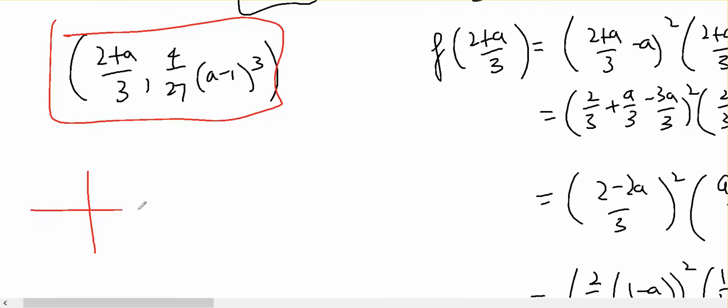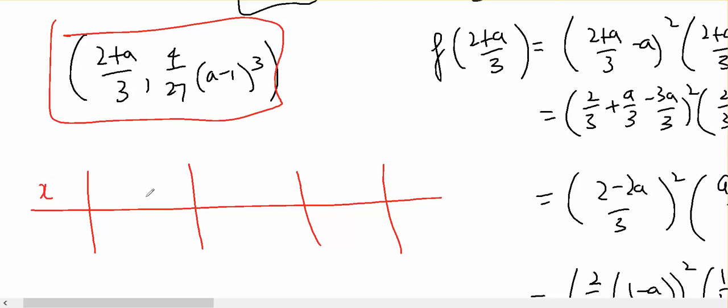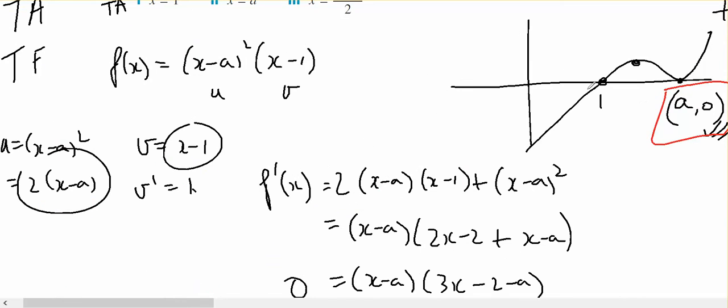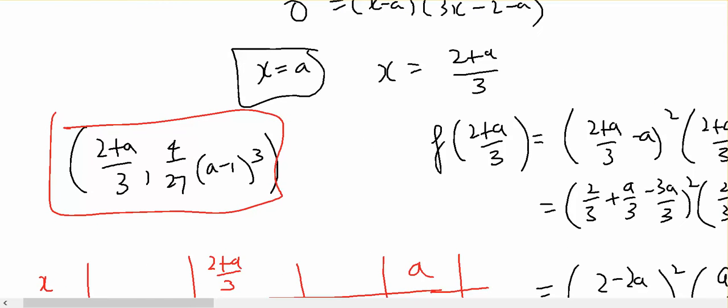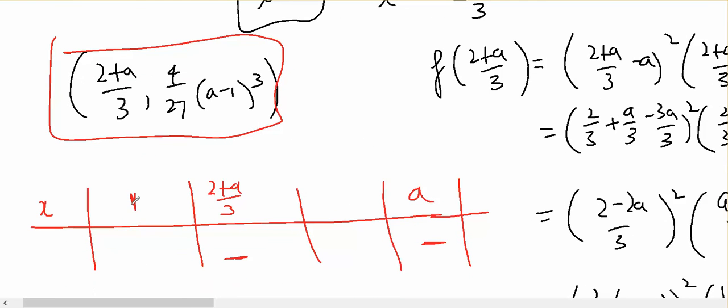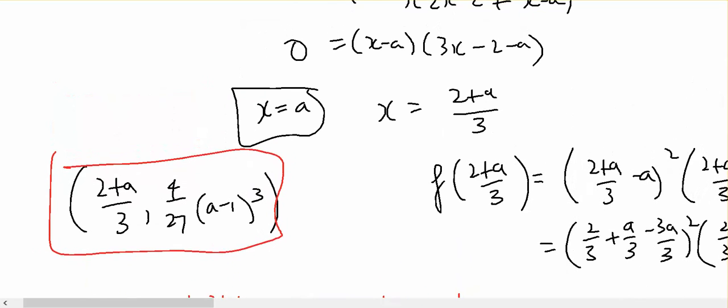I'll show you my problem. If I do a sign diagram, I know that when x equals (2 plus a) on 3, the gradient is 0. When x equals a, the gradient is 0. I can find a value to the left of this, for example 1.